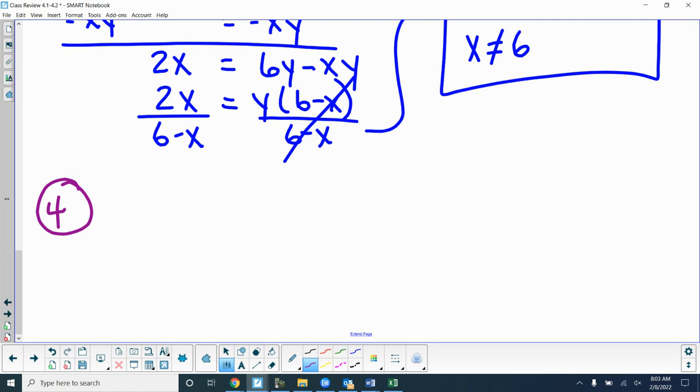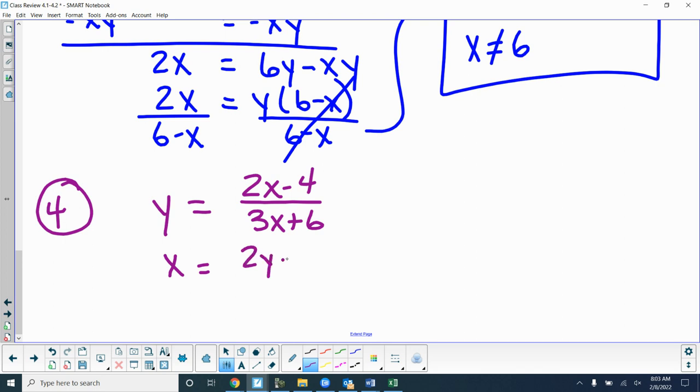Okay. So again, here's the original problem. Okay. And we have a restriction, but I'm not worried about the restriction now. We'll do it at the end. Switch them. So y becomes x, the 2 x's become y's.